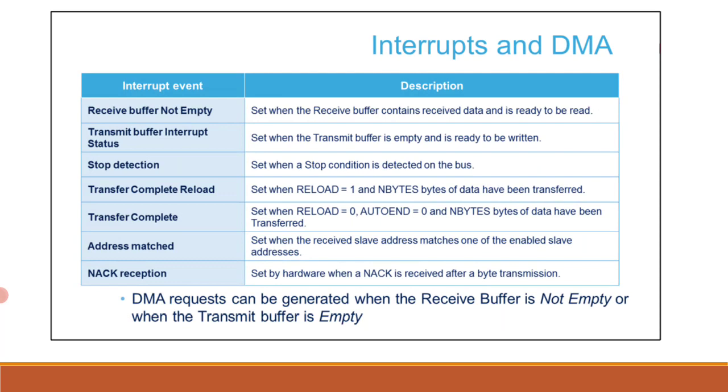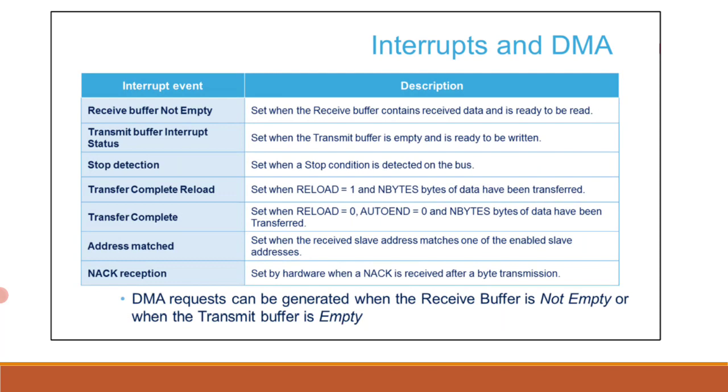The address match flag is set when the received slave address matches one of the enabled slave addresses. The NACK, that is not acknowledged, received flag is set when a not acknowledged is received after a byte transmission. DMA requests can be generated when the receive buffer not empty or transmit buffer empty flag is set.